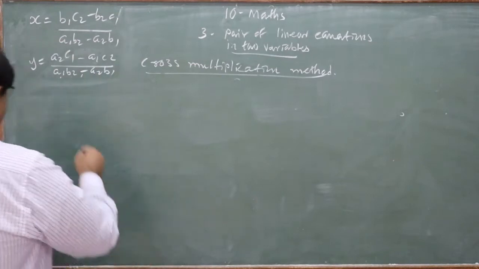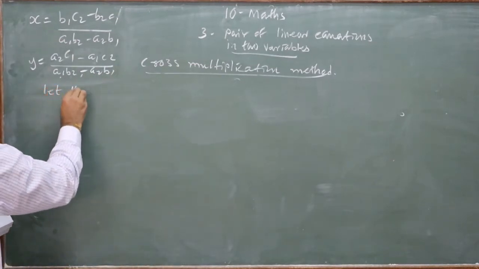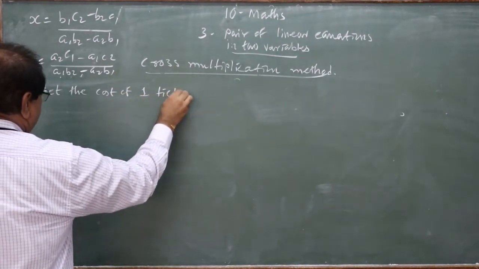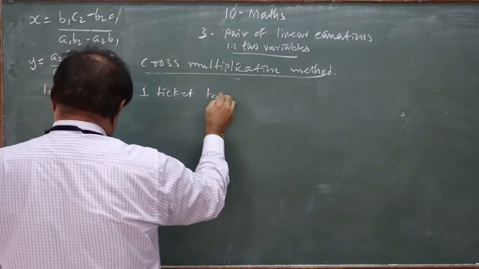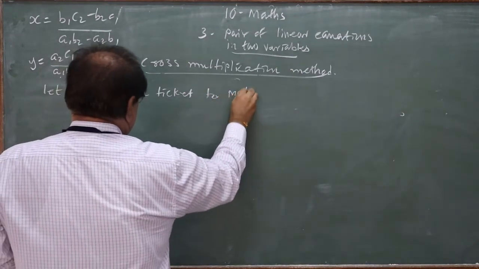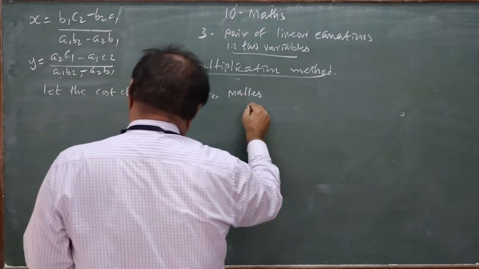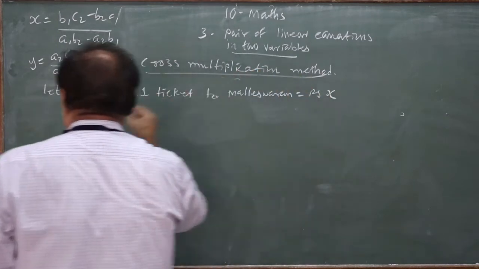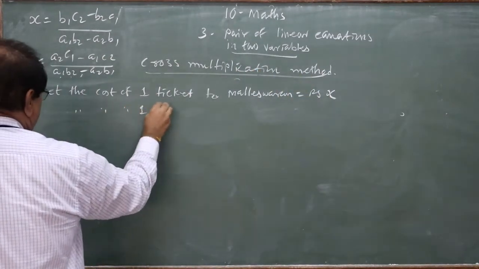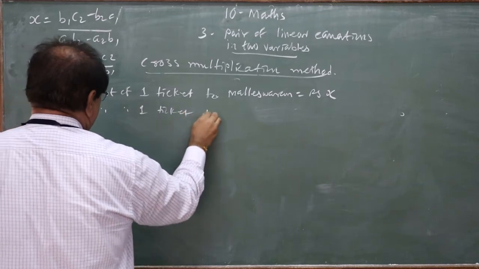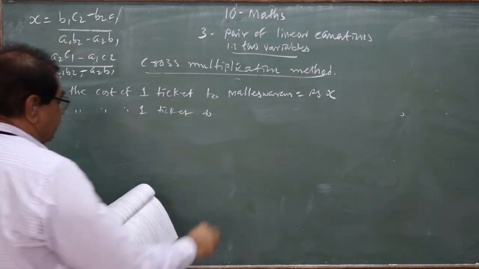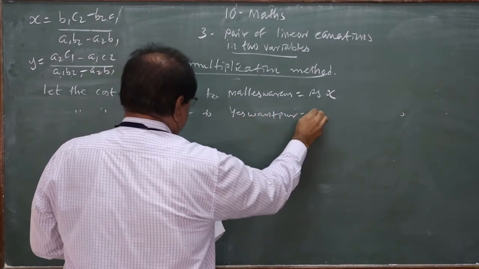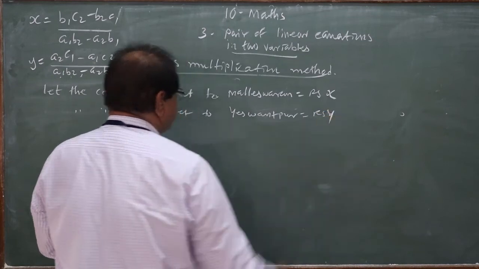So we assume, let the cost of one ticket to first city, Malleswaram, is rupees X, and the cost of one ticket to second, Yeshwantpur, is rupees Y. We assume this.